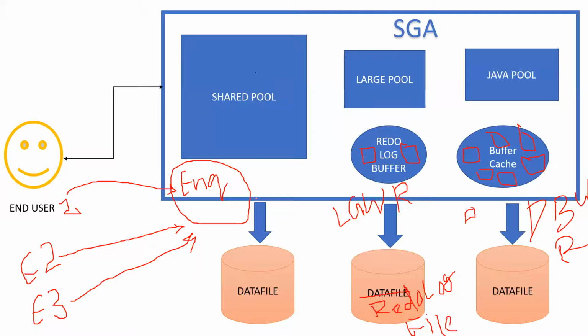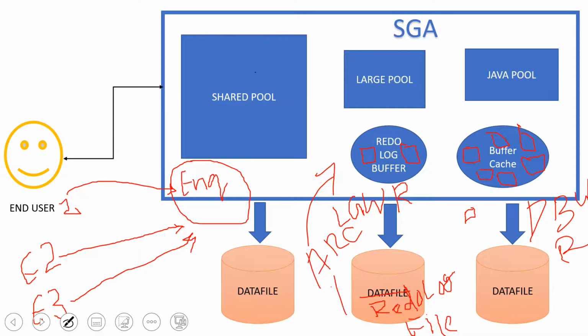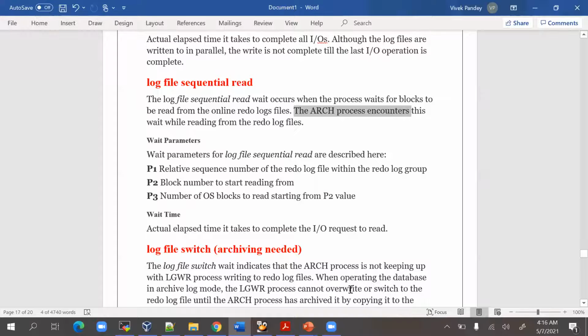So log file sequential read will happen in case you have the archive process, the ARC process. Okay, and due to some reason your database wants to read some archive or redo logs, and if it is waiting due to some process slowness, it is reading the online redo log file.